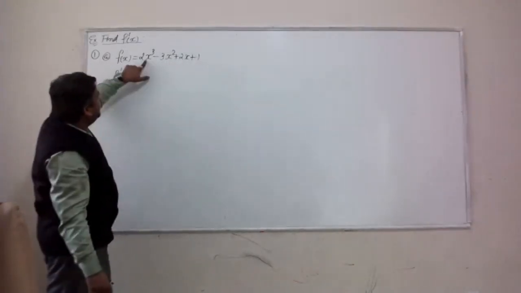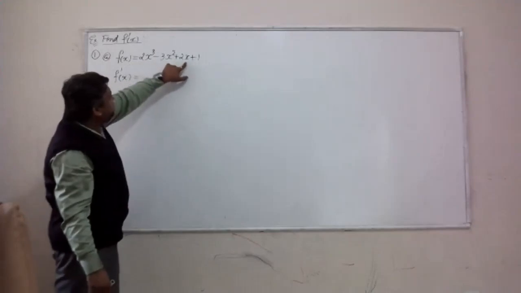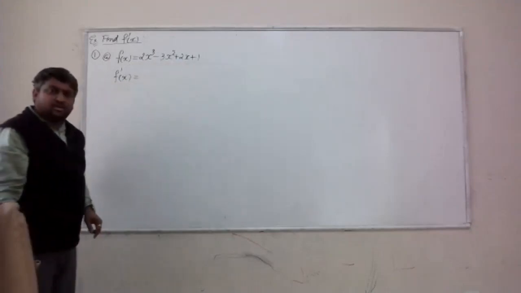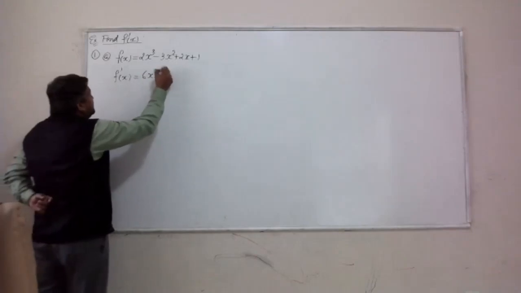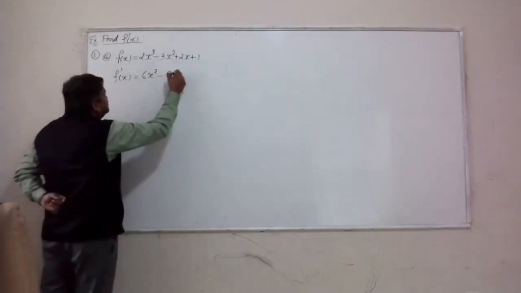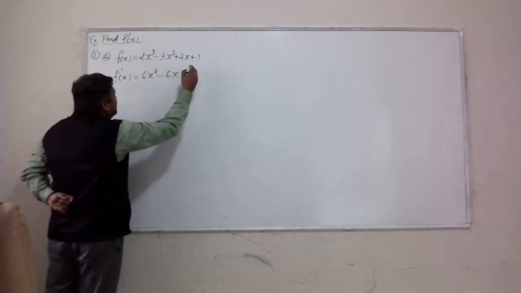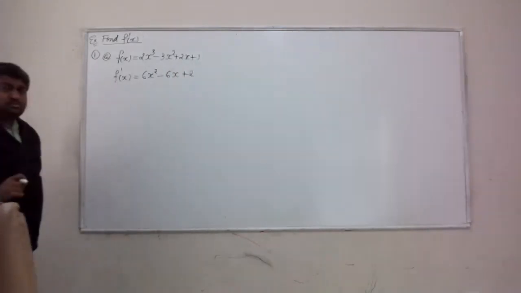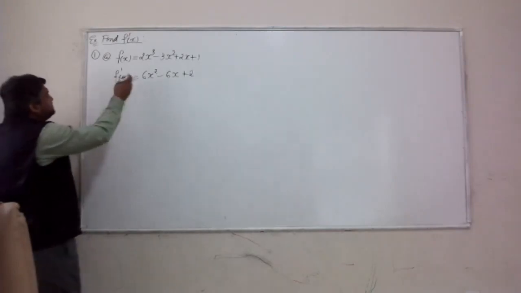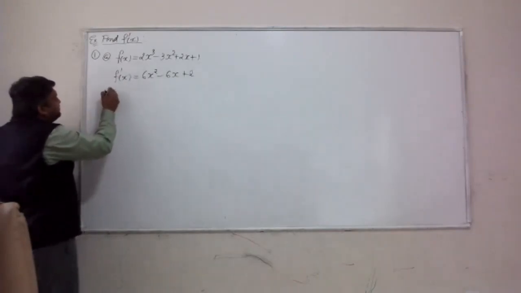Very easy to differentiate, right? Look at that: power rule, power rule, power rule, and constant rule. Derivative of 2x cubed is 6x squared. Derivative of 3x squared is 6x. Derivative of 2x is 2. And derivative of 1 is 0. So that is the answer to the first question.